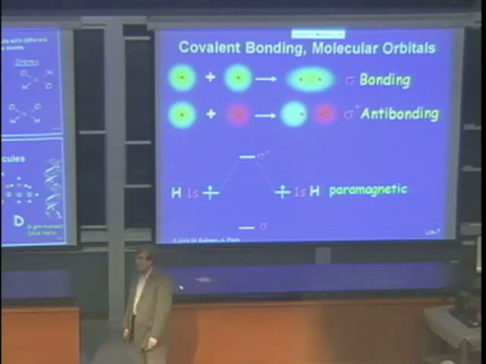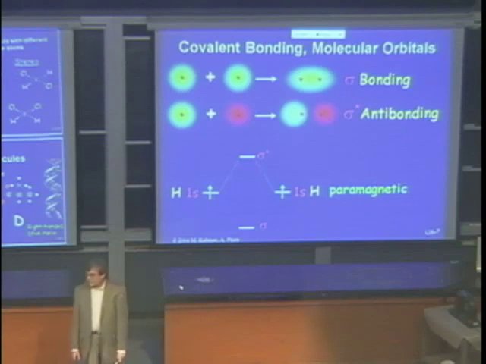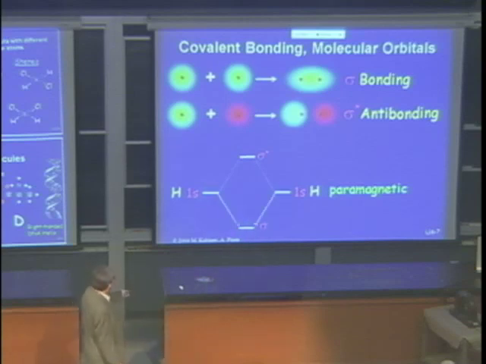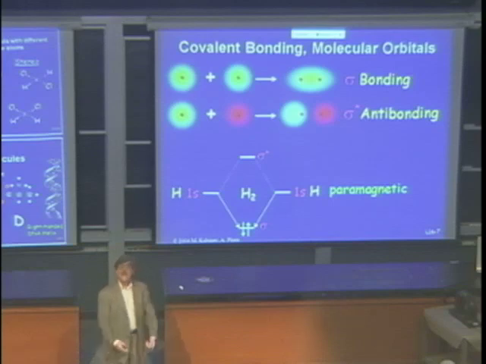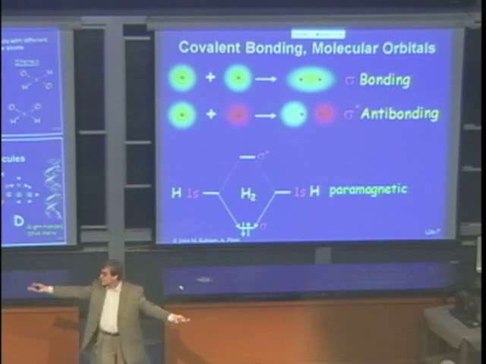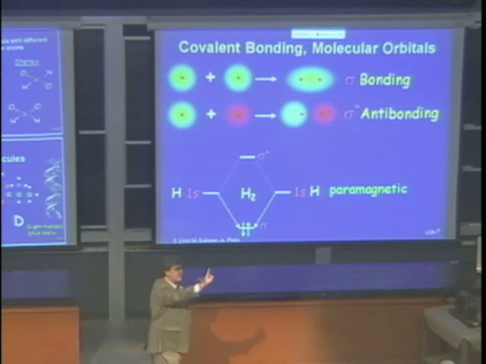We follow Pauli's principle and Hund's rule, essentially, but we have only one here, so it's no big deal. So this one goes in here. There it is. Now we have two electrons in the bonding sigma molecular orbital. So we have a sigma bond. That's all it means.